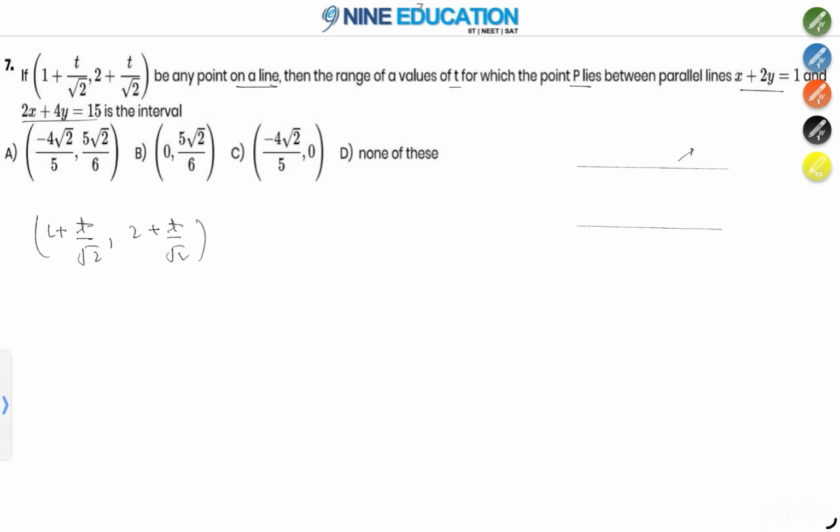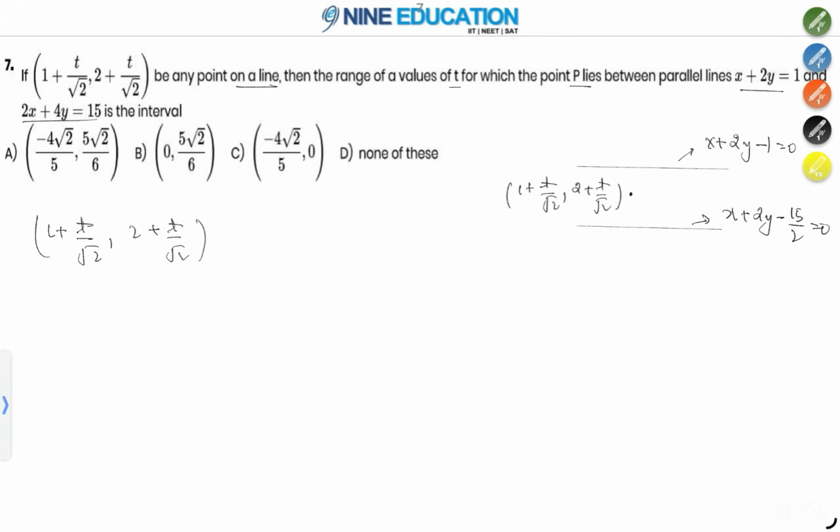The equation of this line is given to be x plus 2y minus 1 equals 0. The equation of this parallel line is x plus 2y minus 15 by 2 equals 0. What are they asking us? They are asking that this point, 1 plus t by root 2 and 2 plus t by root 2, must lie in between the parallel lines.